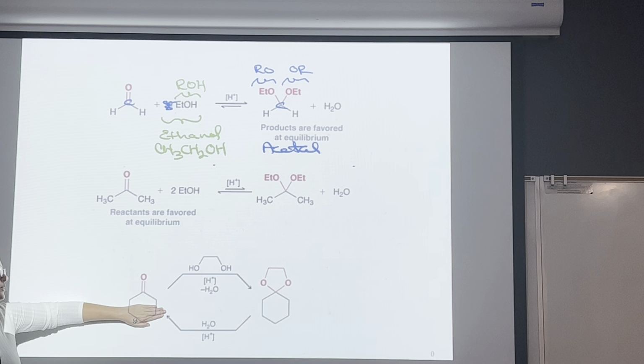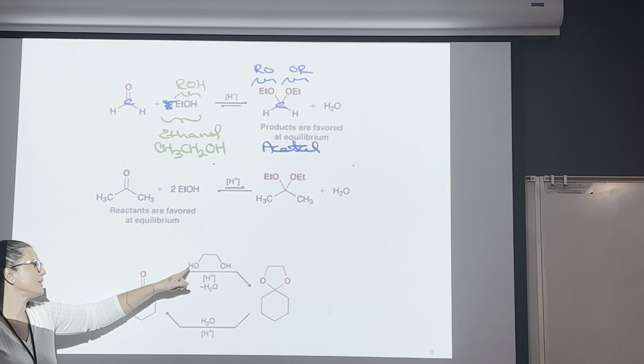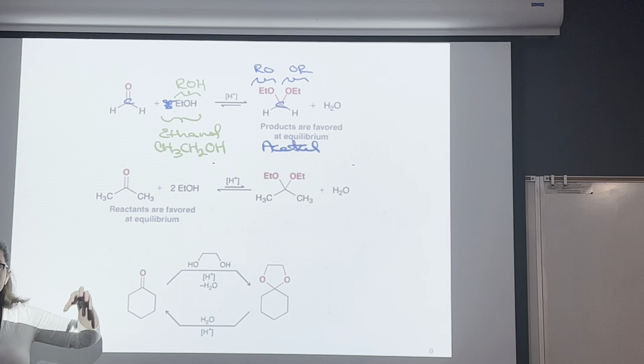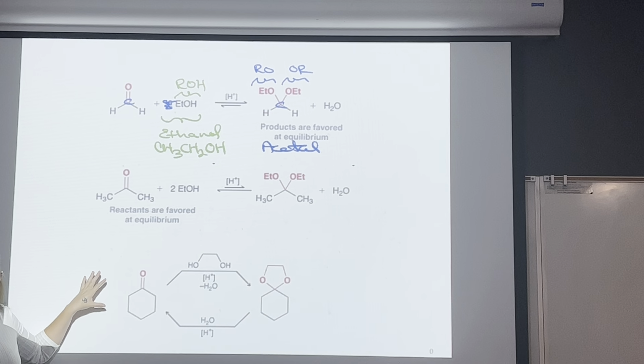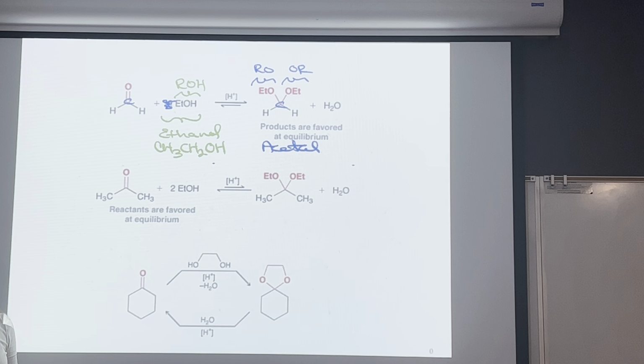Okay, so you have an acid catalyst here, and you have an alcohol thrown in there. So if you have a ketone or an aldehyde and an alcohol and acid catalyst, that is going to give you a hemiacetal or an acetal. And if we look at the alien over there, we might get scared, but we have to trust that we know how to do this because we've learned this.